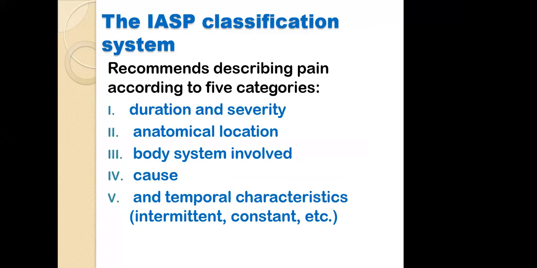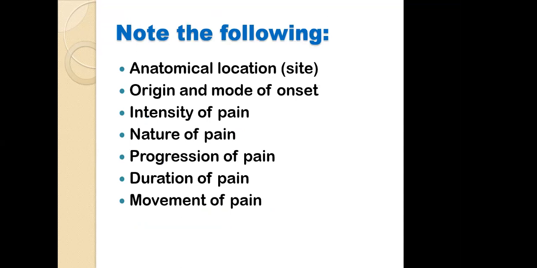So the IASP classifies pain according to certain criteria. They recommend 5 categories, whereby you look at duration and severity of the pain, the anatomical location, the body system involved, the cause, and temporal characteristics. The temporal characteristics will be, is it intermittent or is it constant, and so on.